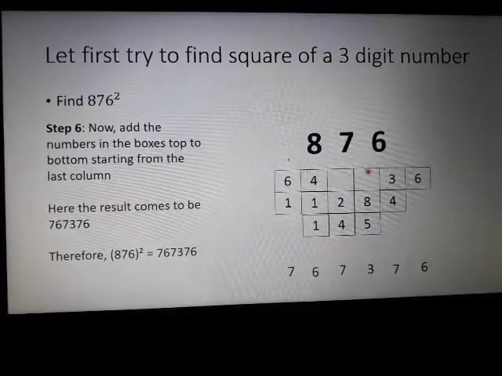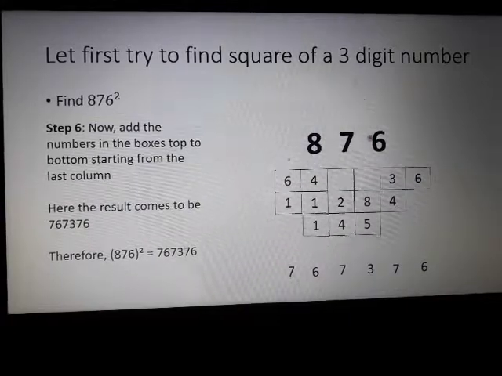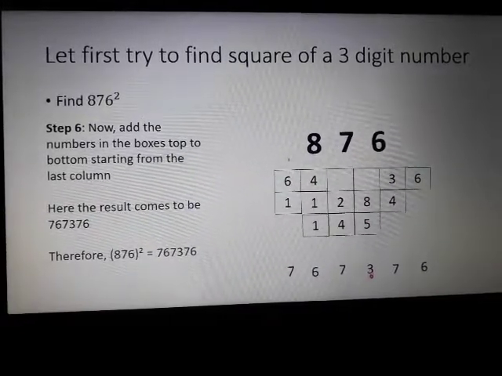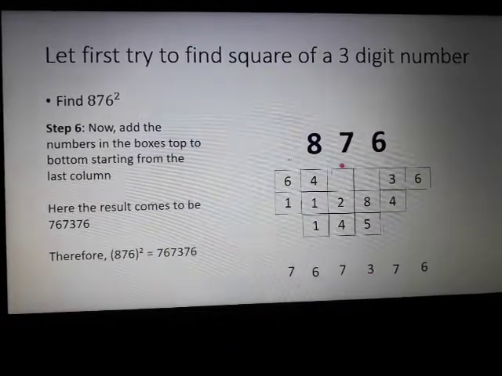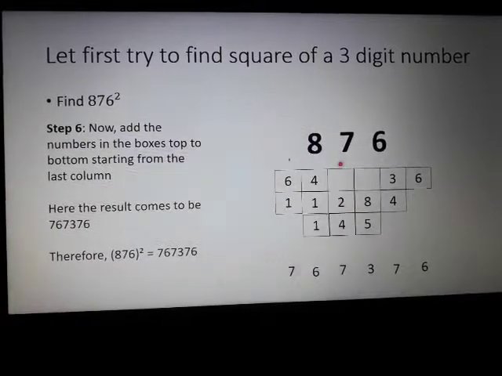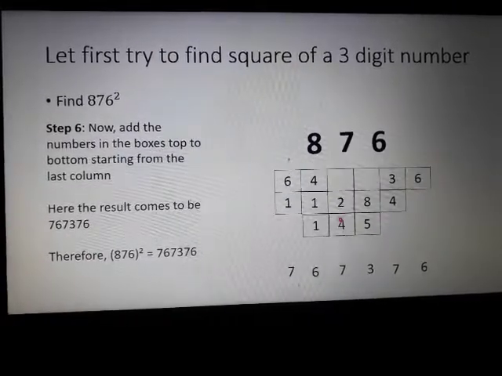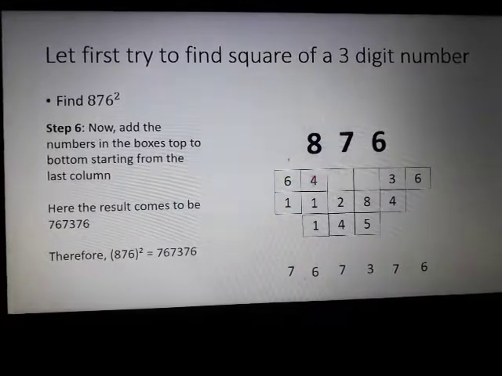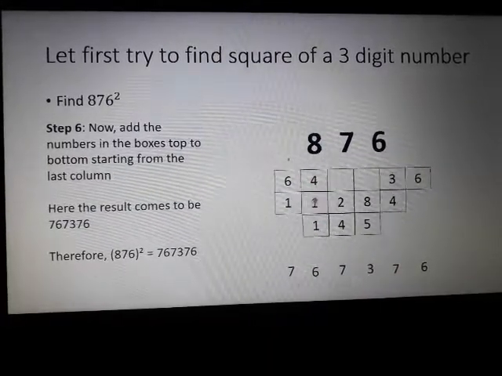Now come to the column to the left. Over here we have 8 and 5. Add them. 8 plus 5 we have 13. 1 carry over. Now come to the column to the left. We already have 1 carry over here. 1 plus 2 is 3. 3 plus 4 is 7. Now come to the column to the left. Over here we have 4, 1 and 1.